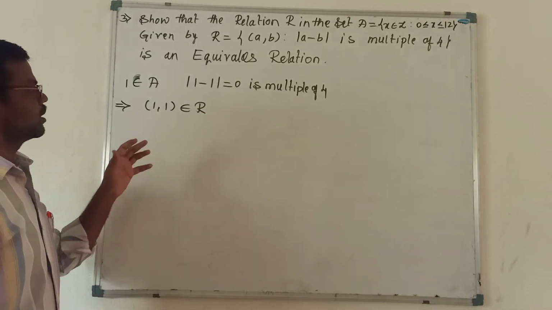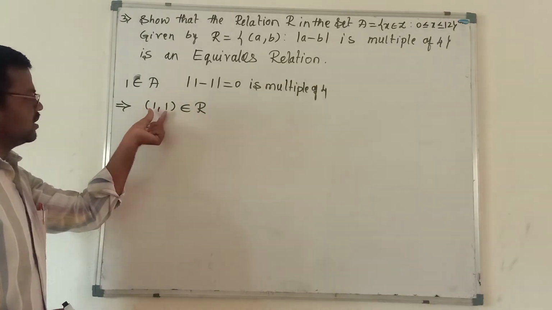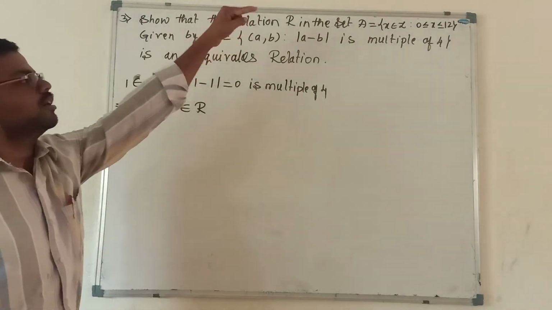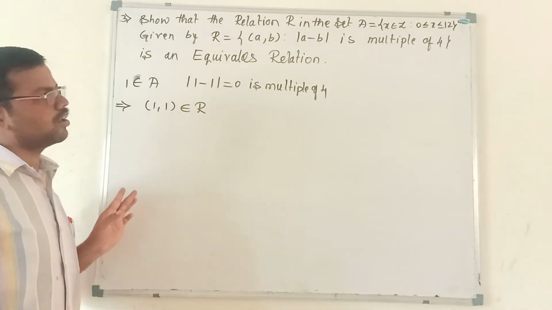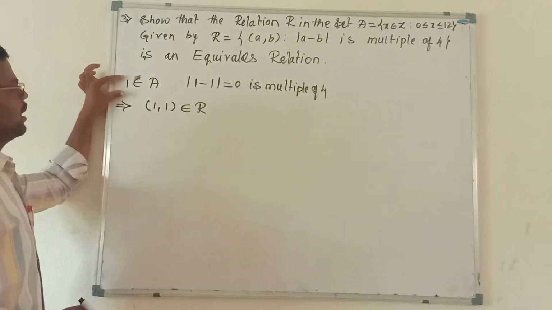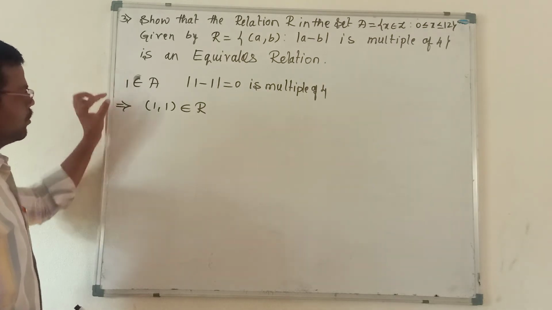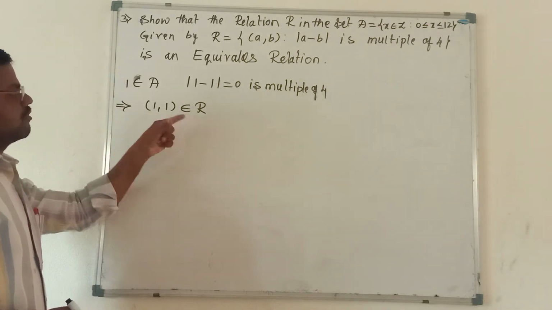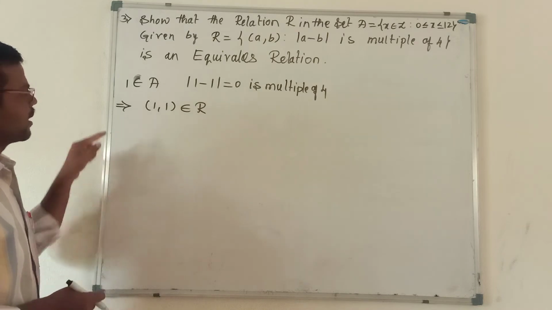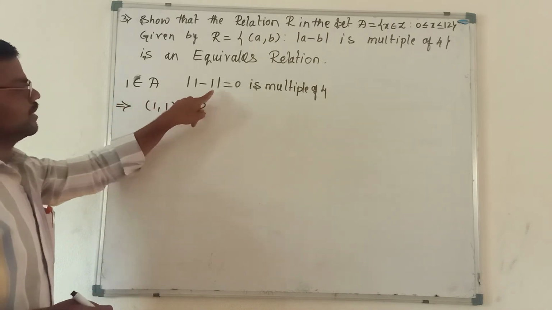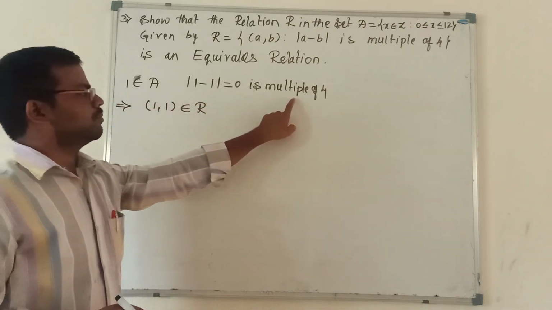2 minus 2 is 0, which is also a multiple of 4. So from this we have cleared that we have this type of pair for every number of A. Whatever number we have in A, we confirm this type of pair. For example, take 12. 12 belongs to A. 12 minus 12 is 0, and 0 is a multiple of 4.